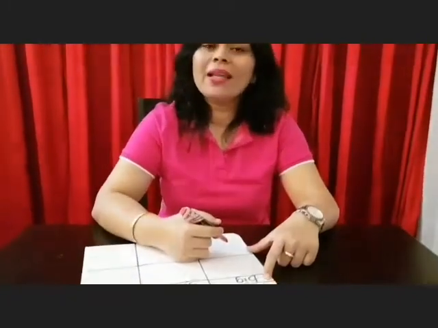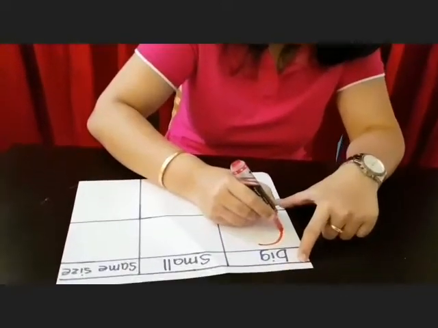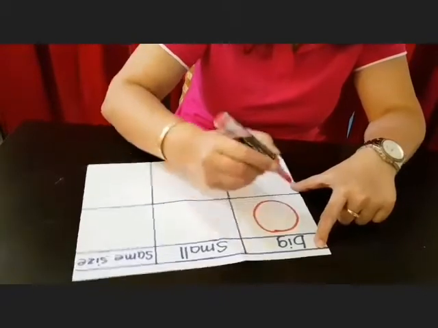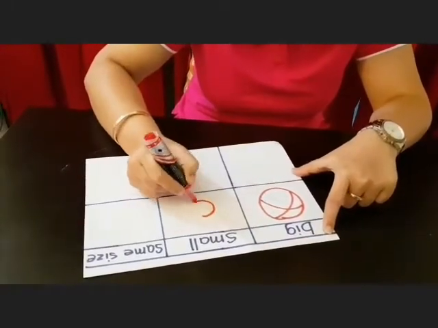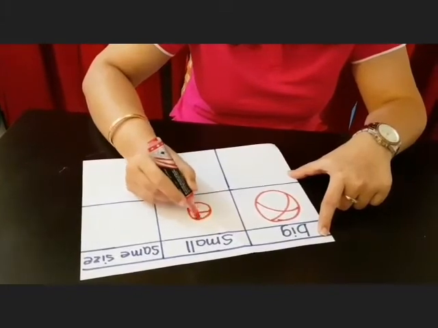Okay. Draw a big ball and a small ball. I will also do along with you. Okay, one more time. Draw a big ball and a small ball. Mine is done.